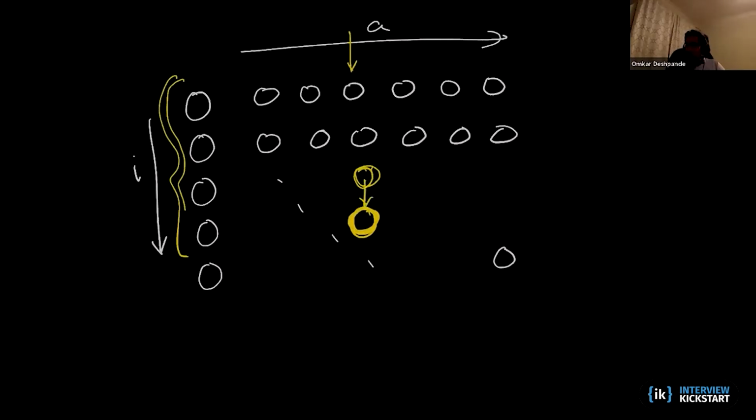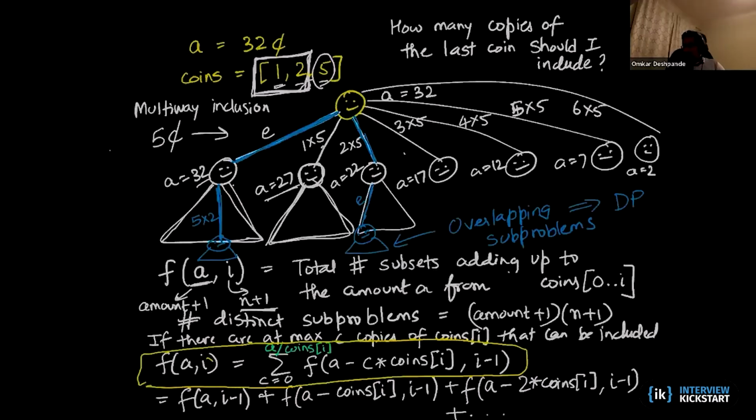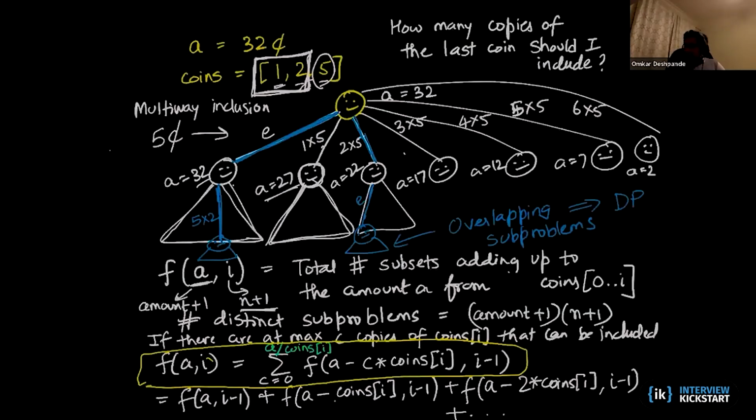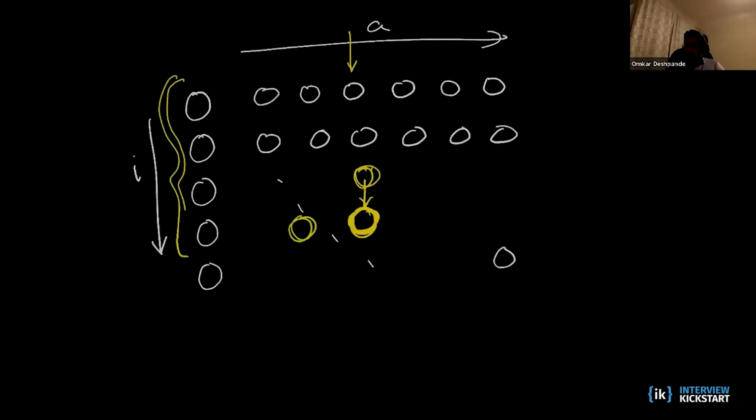If I include one copy, then my amount is going to shift down. Not by 1, by whatever the denomination of that coin was, right? A minus coins of I. But the other parameter would be I minus 1. So this would be the node that I would depend on, and so on.